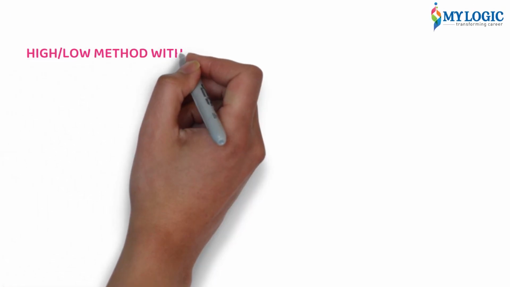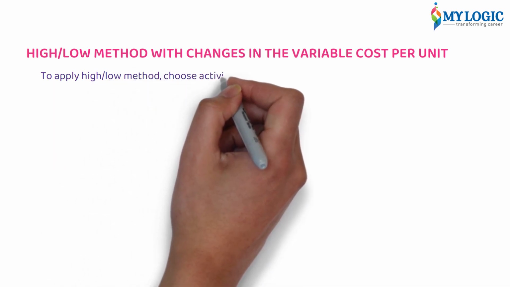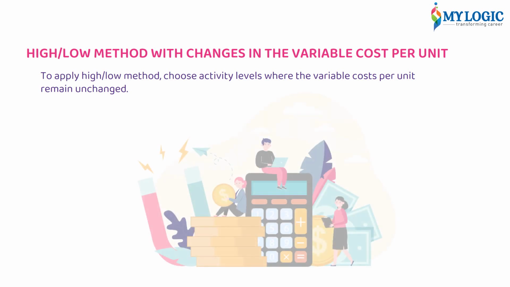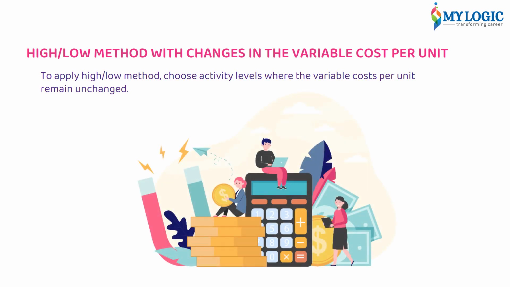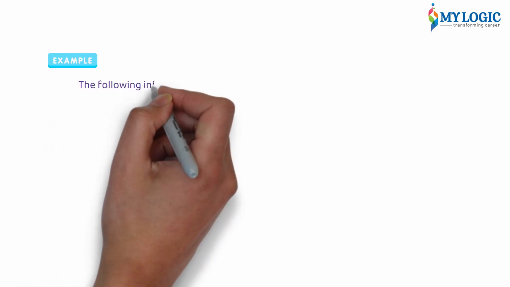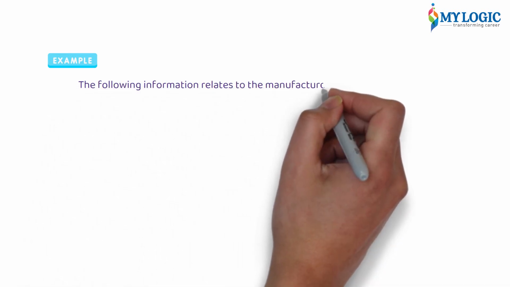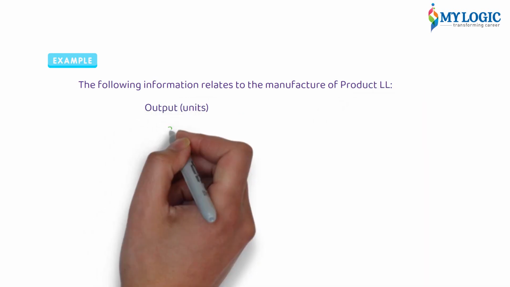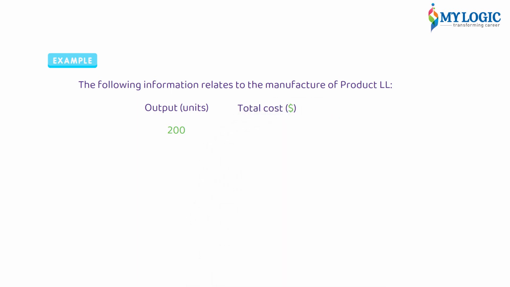High-low method with changes in the variable cost per unit. To apply the high-low method, choose activity levels where the variable costs per unit remain unchanged. Let us discuss an example. The following information relates to the manufacture of product LL. For output in units 200, total cost in dollars 7,000.